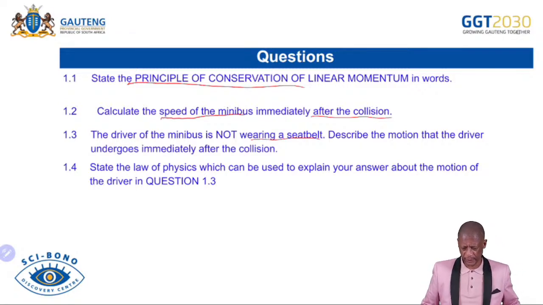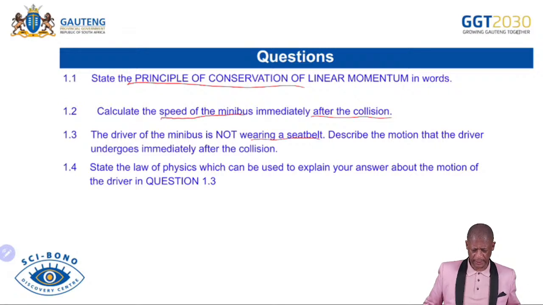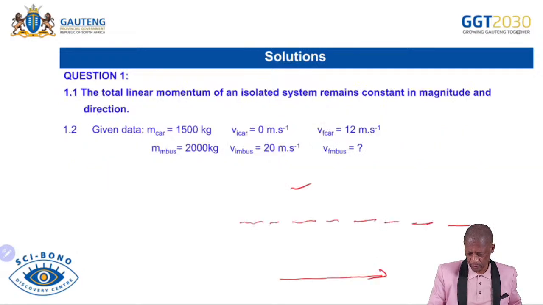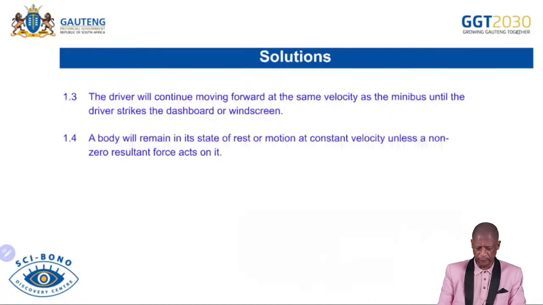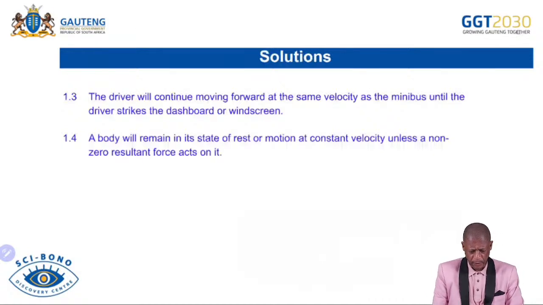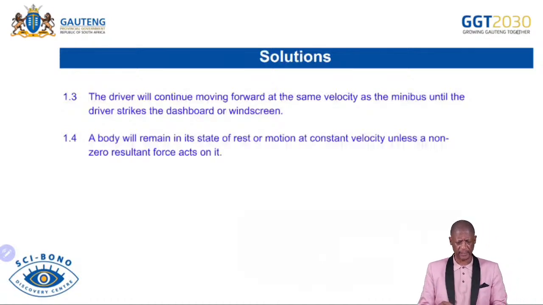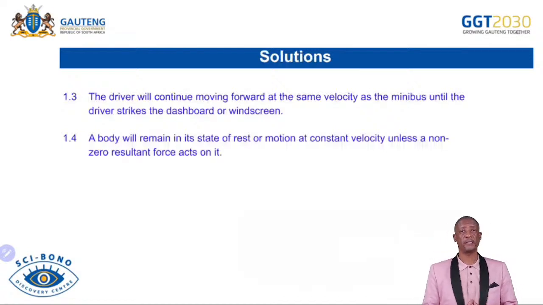Describe the motion the driver undergoes immediately after the collision. Now, this is what we have. The driver will continue in a straight uniform motion. The driver will continue moving forward at the same velocity as the minibus until the driver strikes the dashboard or the windscreen. In other words, you know Newton's first law.